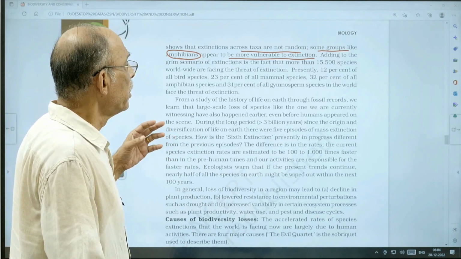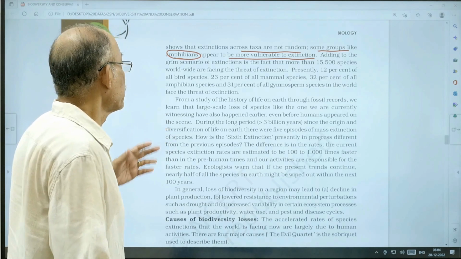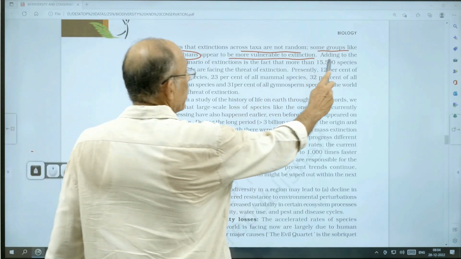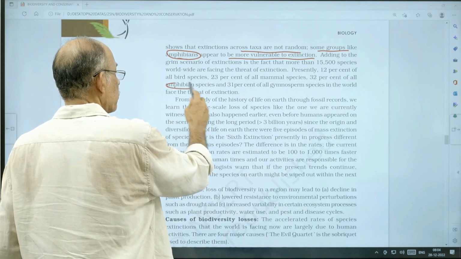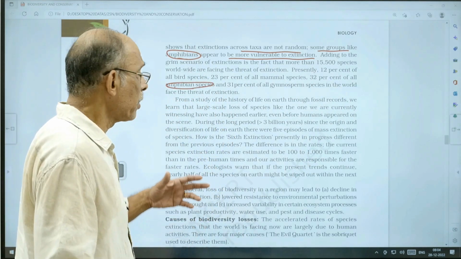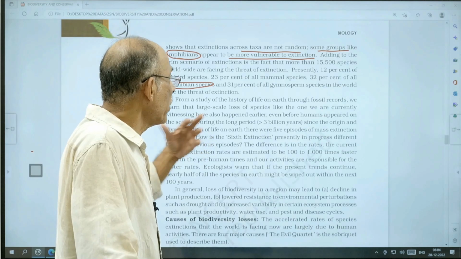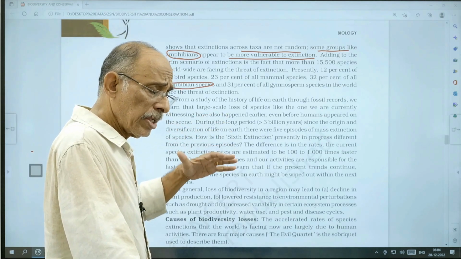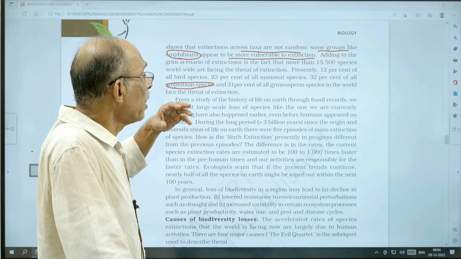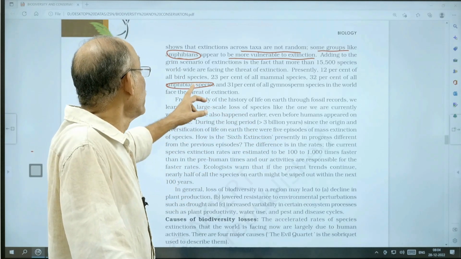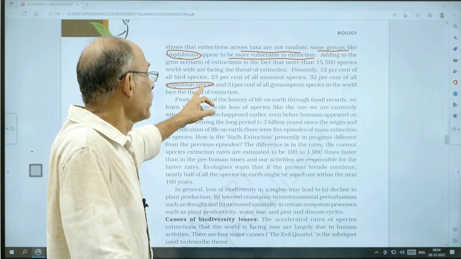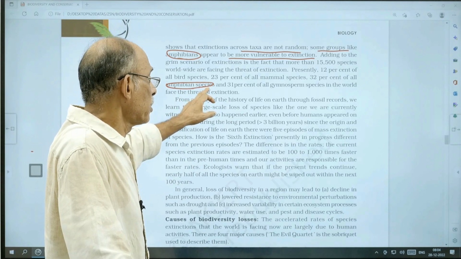The most vulnerable group for extinction is amphibians. Amphibian species may become extinct soon because wetland area is slowly decreasing. So now it is not just individual species; a group itself may become extinct within a short time, and a typical example is amphibian species.